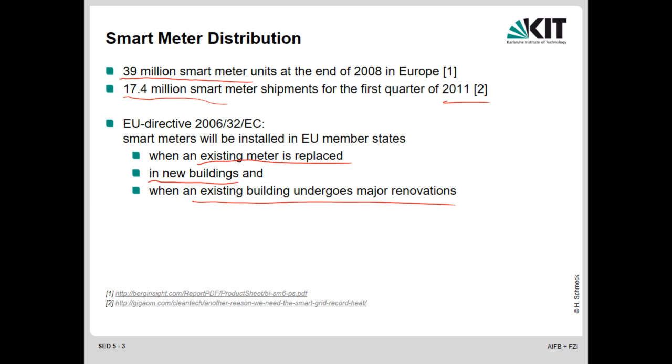There is one regulation that 80% of the energy system should have smart meters. And in Germany, this has been transformed into a regulation.